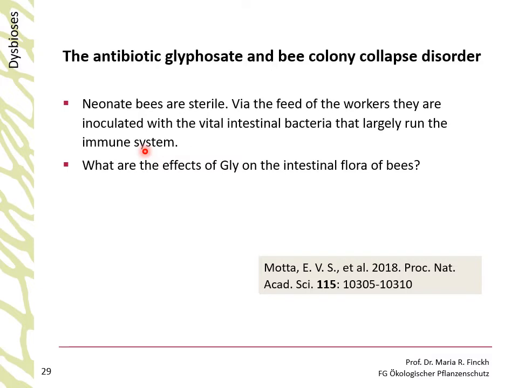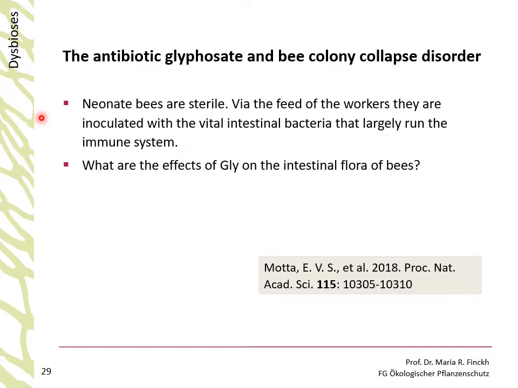And so people started doing research on this and looking into what is causing bee colony collapse disorder. And one question that people started asking was, could it have to do with glyphosate?